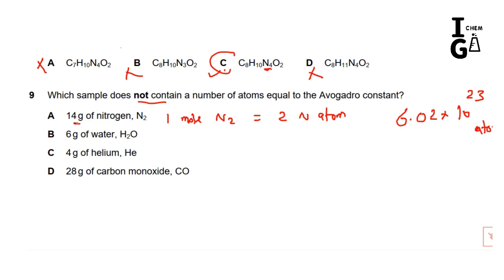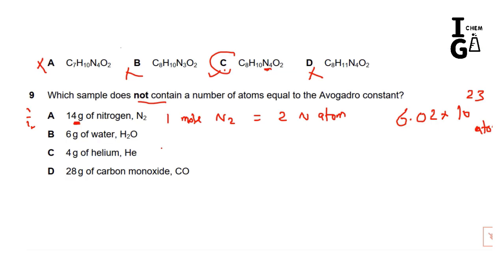Also, let's check this 14 grams. We need to know the number of moles of this 14 grams. You know the rule, guys, number of moles equals mass over molar mass, Mr. The mass here is 14, and the molar mass for N2, so we can do it here also as a draft together. So this is n equals m over Mr. Regarding nitrogen, we have 14 grams over N2.